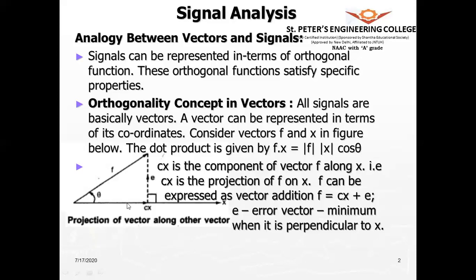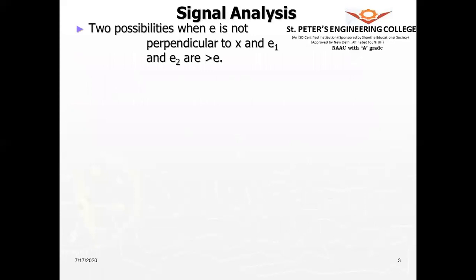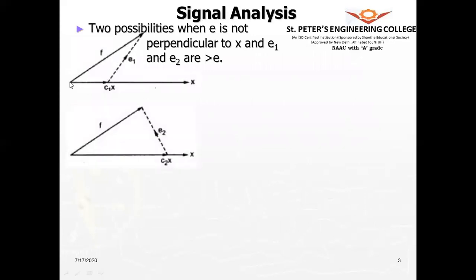Now this projection can vary. It can be more when it is projected below this or above this. Let us consider those two cases. So here the projection of f on x is c1x, and in this case it is c2x.